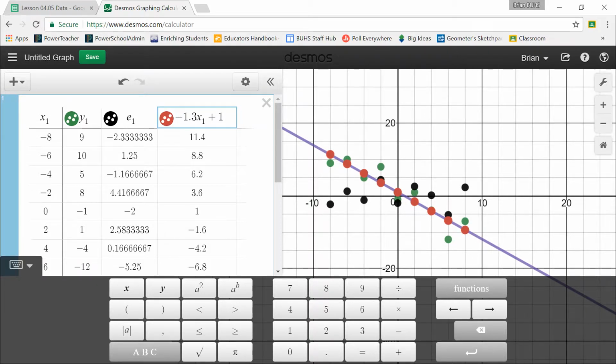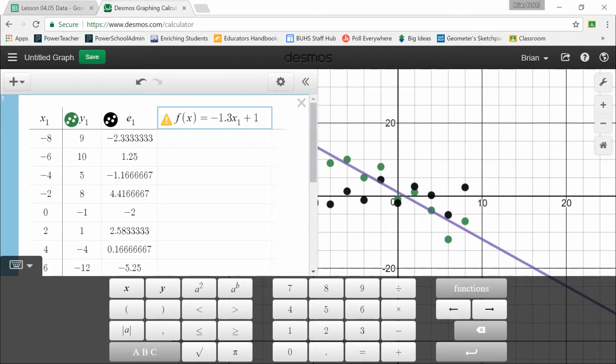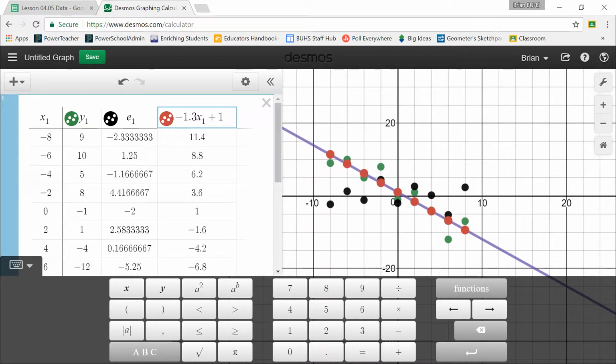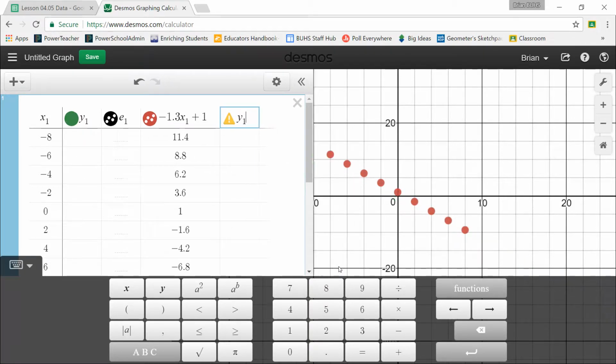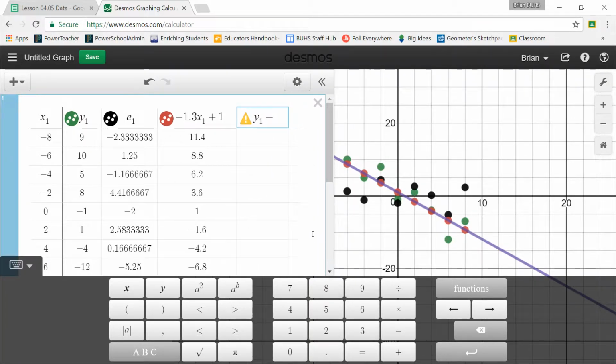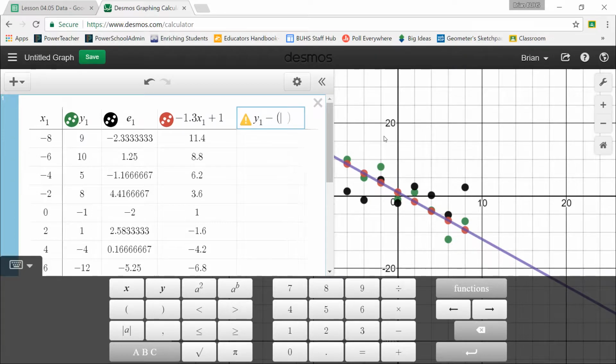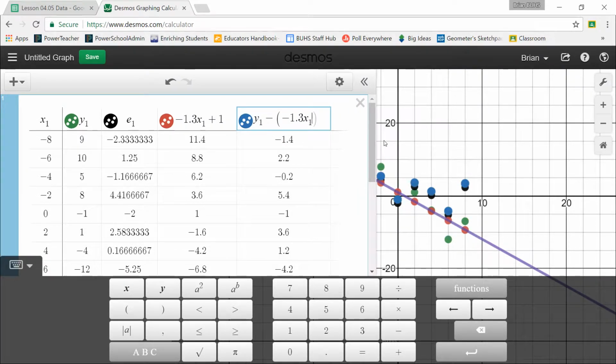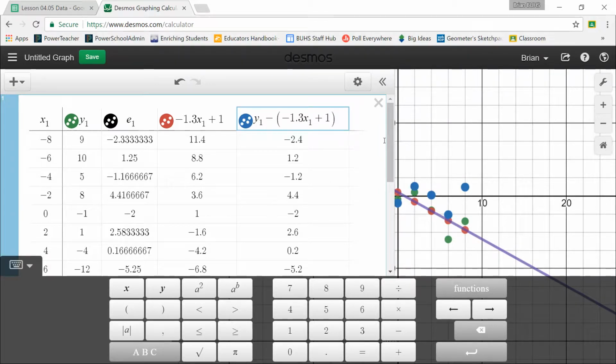So those are the predicted values, but I could then do y1 minus those predicted values, put it in parentheses, negative 1.3 x1 plus 1. And if I subtract those, these are the residuals.